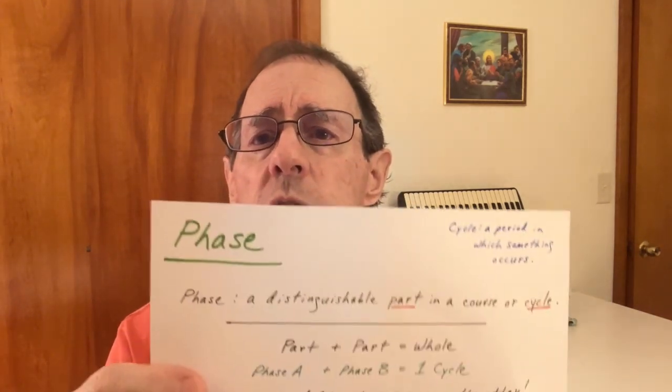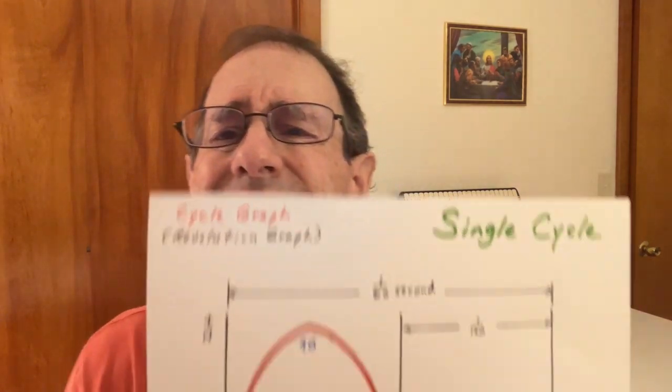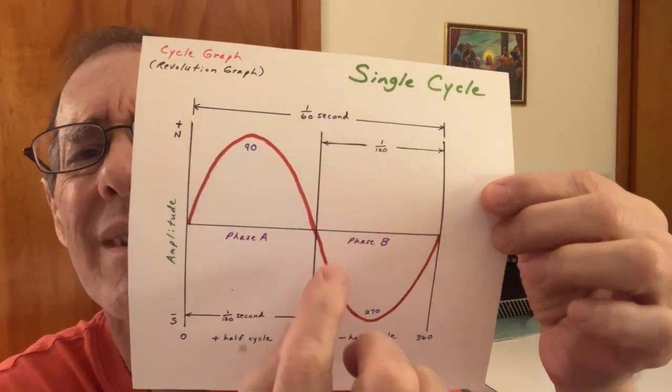Now, a phase, an actual phase, by definition, okay, let's look at this. A phase is a distinguishable part in a course or cycle. Even the word cycle is in the definition. A phase is a distinguishable part in a course or cycle. So you see here that you have two phases in one cycle.